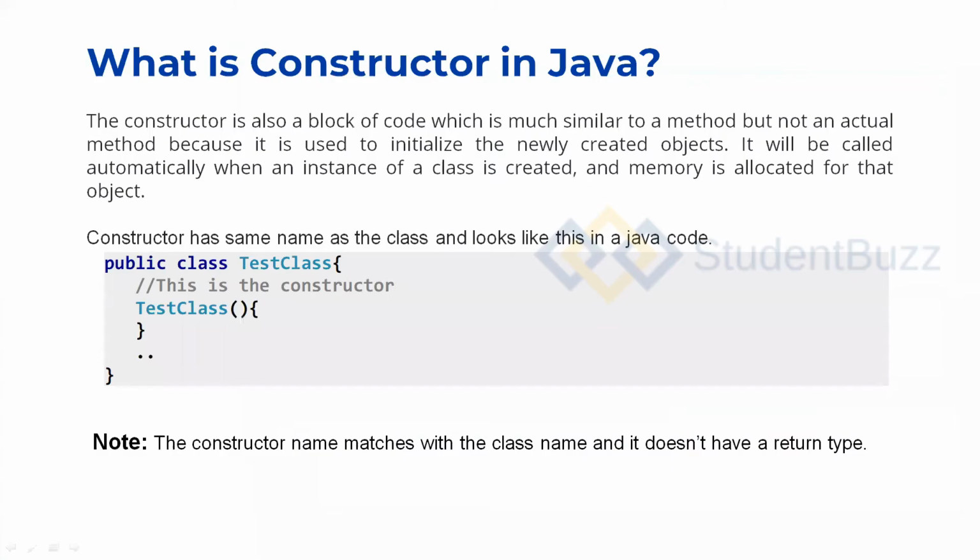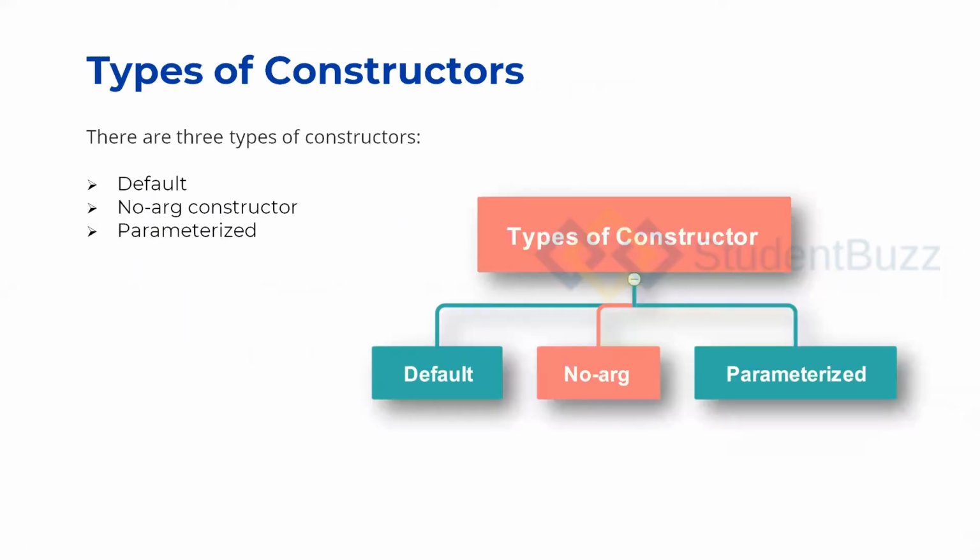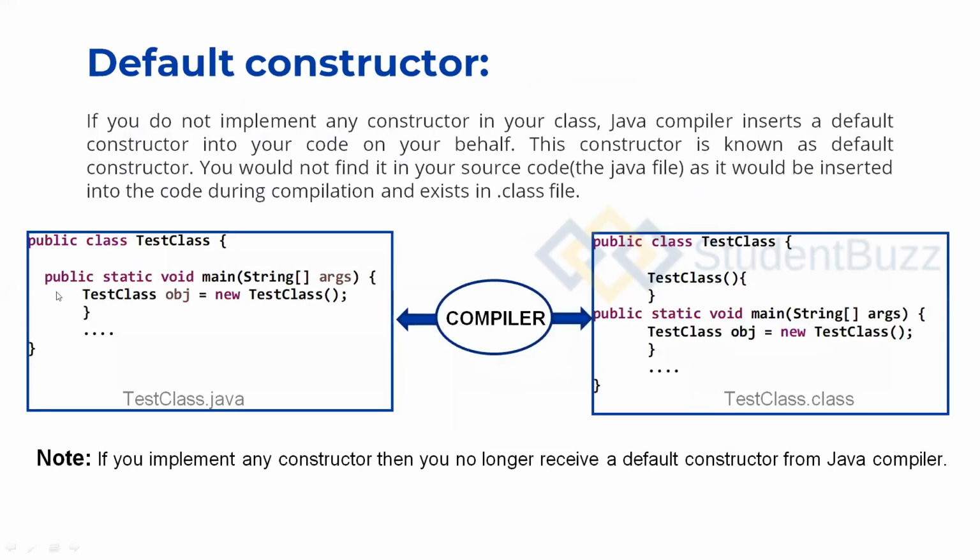See, this is a Test class where we created one constructor. In the same program, on compilation, a Test class constructor is created, since in this class there is no constructor.